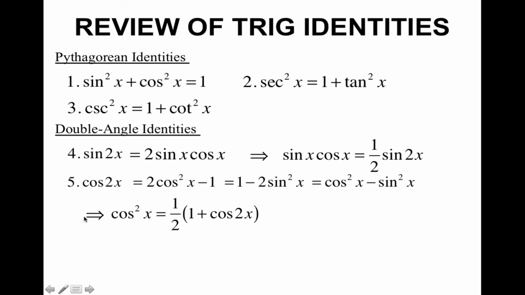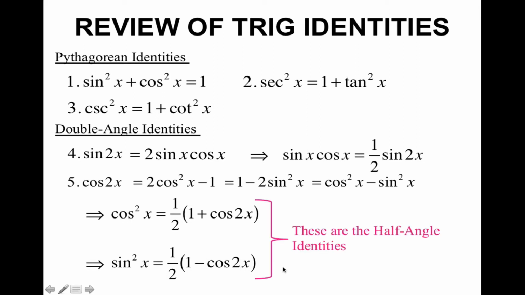And we can rewrite cosine squared x as 1/2 times 1 plus cosine 2x, or we could rewrite sine squared x as 1/2 times 1 minus cosine 2x. These are what we call the half angle identities.